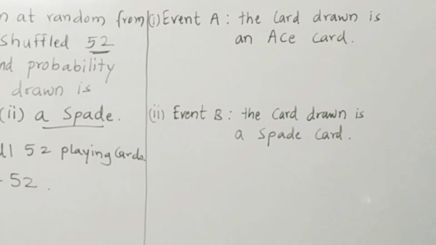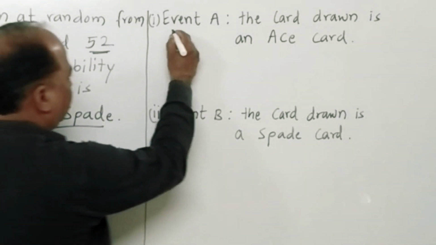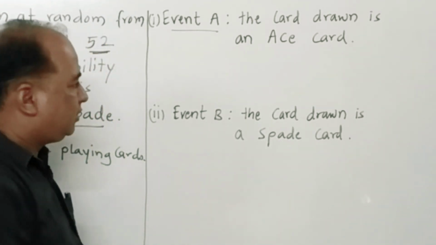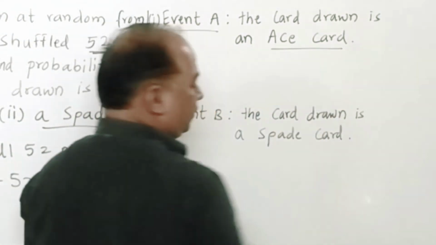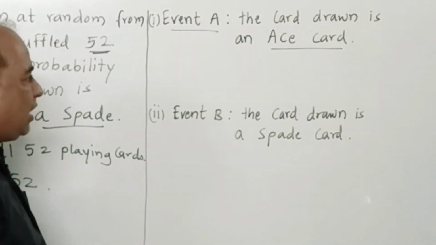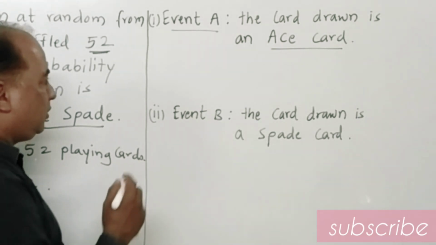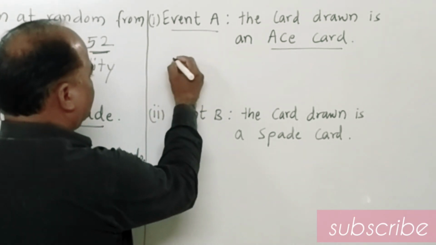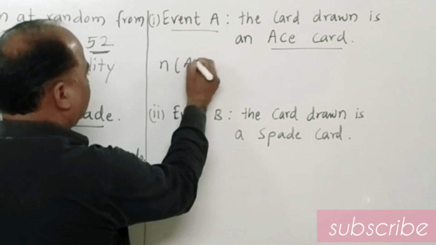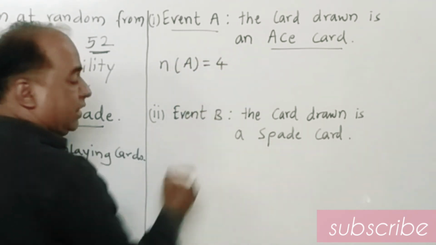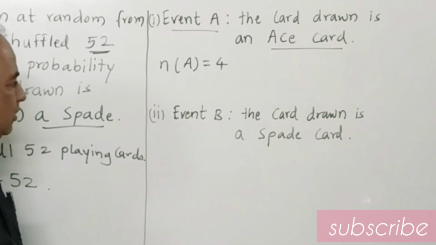Now, let A be the event that the card drawn is an ace card. In all, there are 4 ace cards in the pack of 52 playing cards. So n(A) is equal to 4. The number of ace cards is 4.